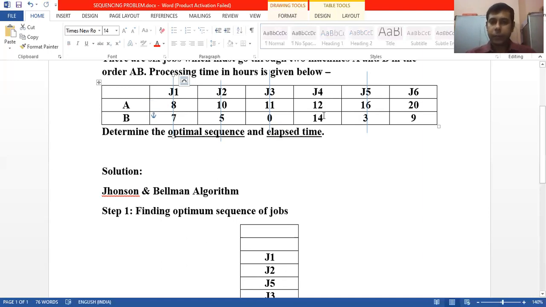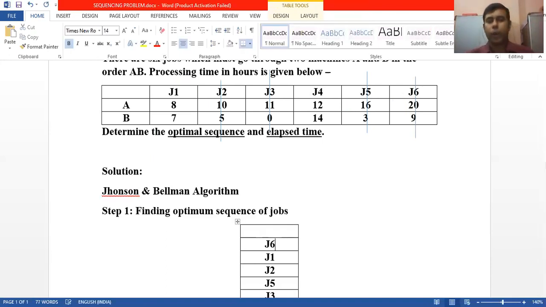Now you have J4 and J6. So the least value is 9, which is for J6 and again for machine B. So J6 is cancelled and it is entered from the bottom.